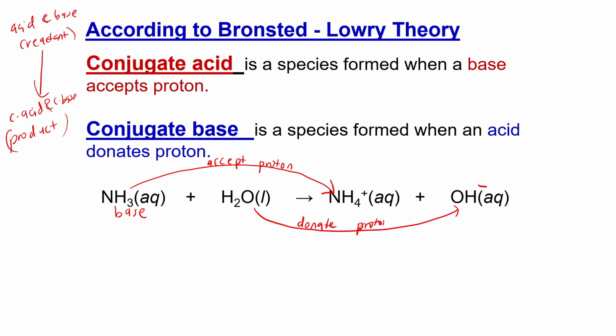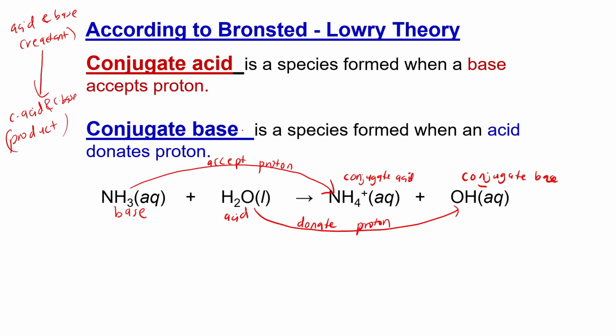Okay, bila kita compare, H2O ada 2 hidrogen, after produce product dia tinggal 1 hidrogen, meaning dia hilang 1 hidrogen. So donate a proton. So kalau dia donate a proton, dia ialah acid. So pairing untuk base NH3 ini ialah conjugate acid. So pairing untuk acid ialah conjugate base.